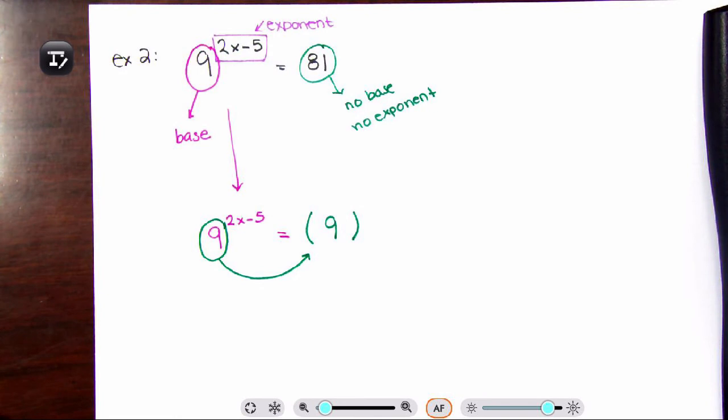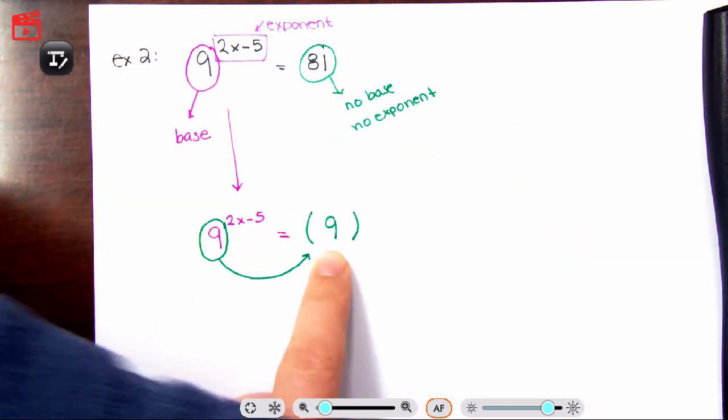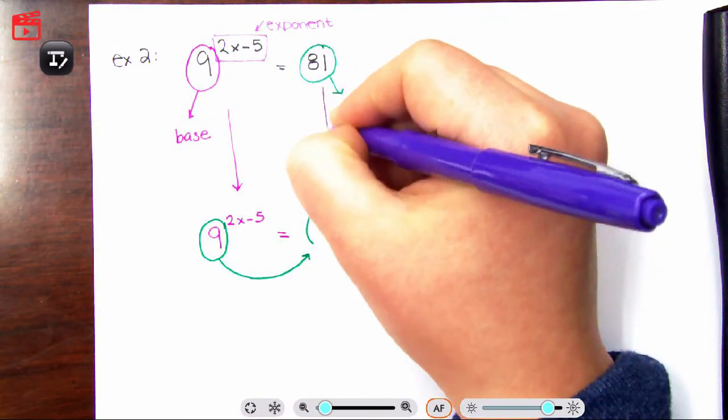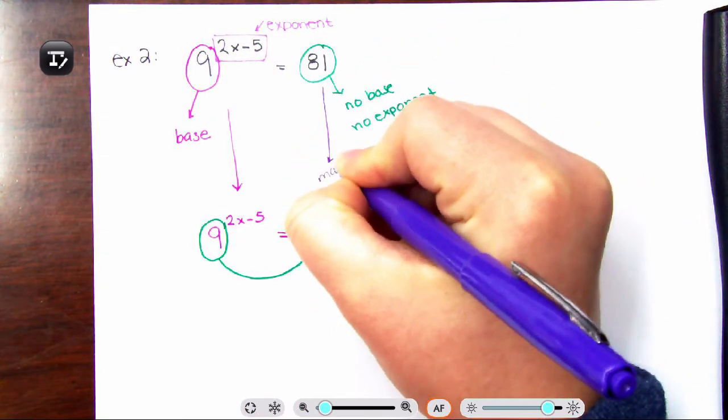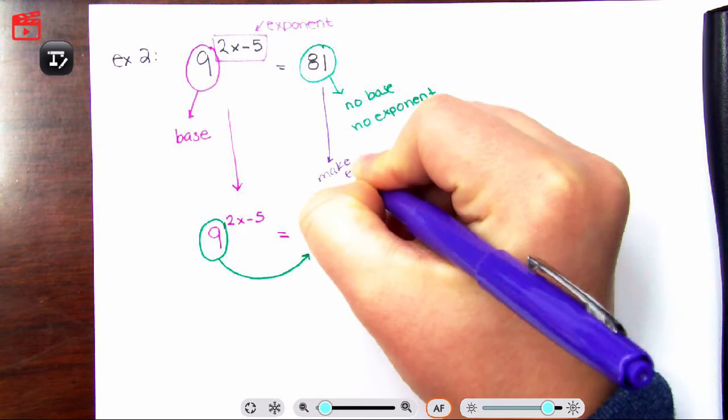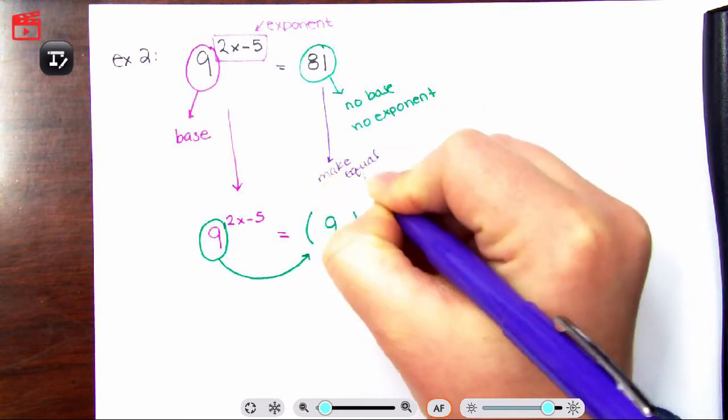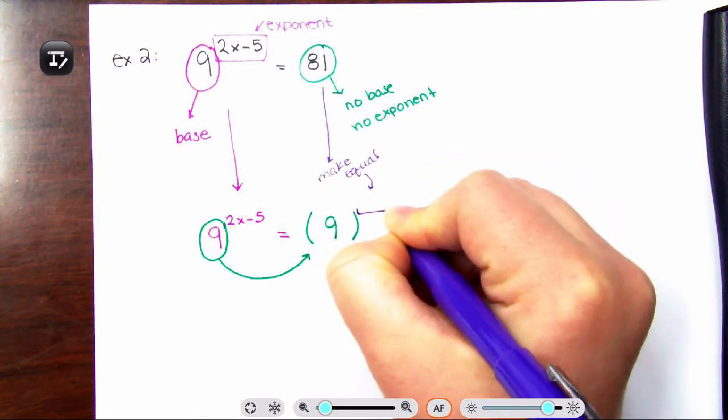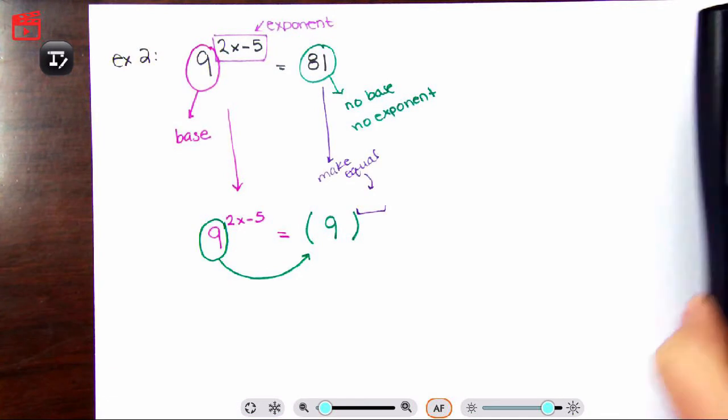So how do we make sure that these two are equal? The way that you make them equal is you're going to put an exponent there.